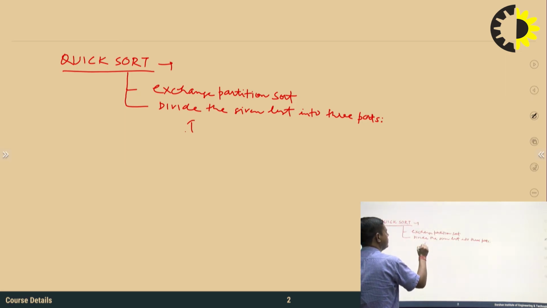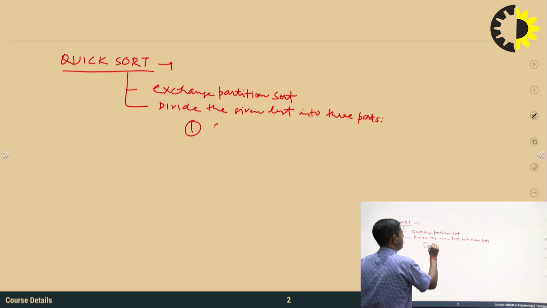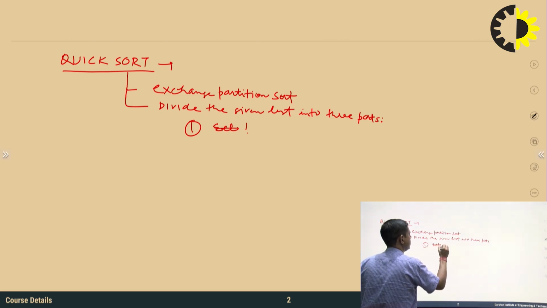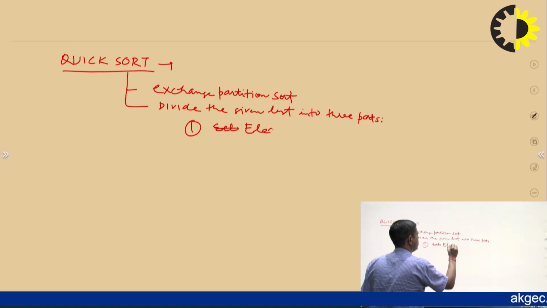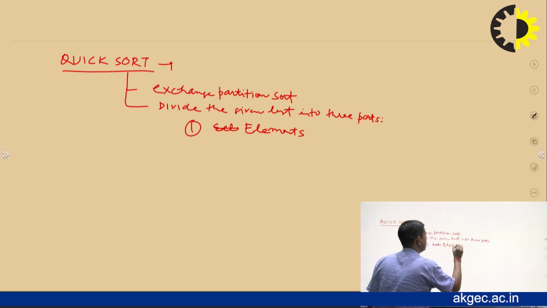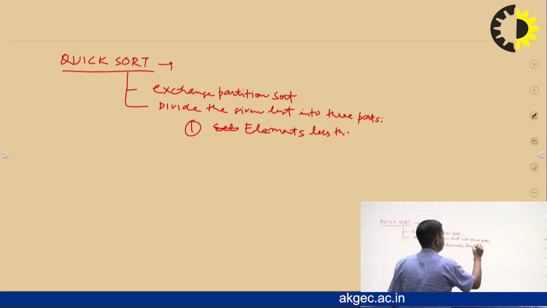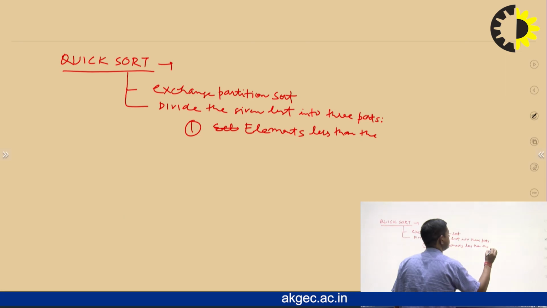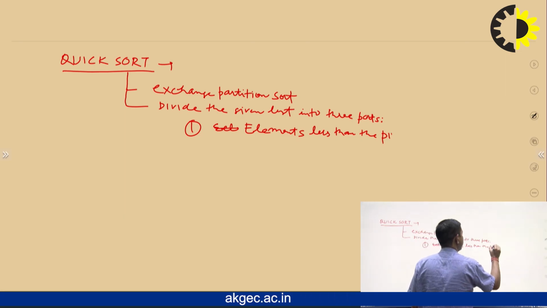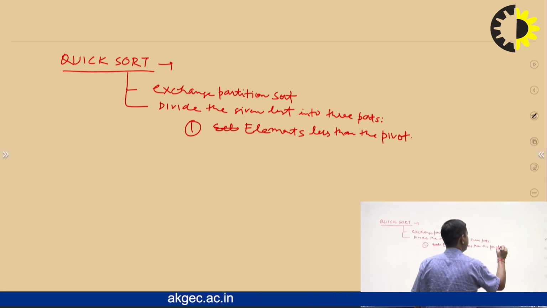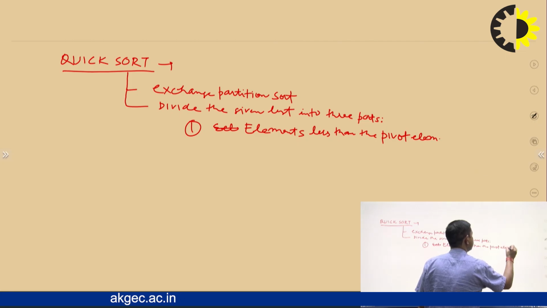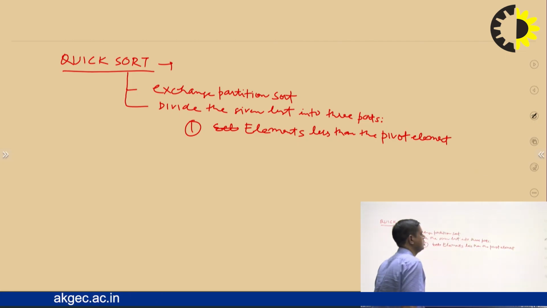The first part, elements less than the pivot element. Then what is the pivot element?